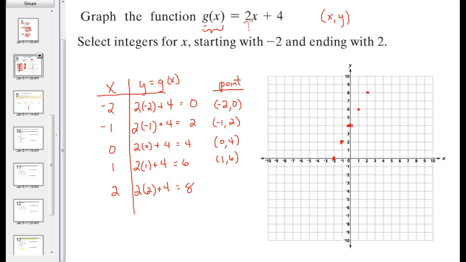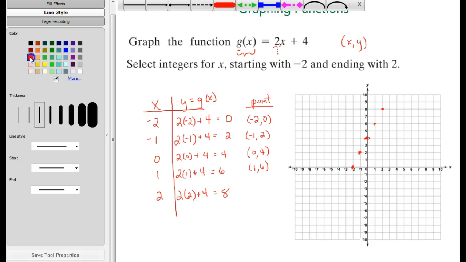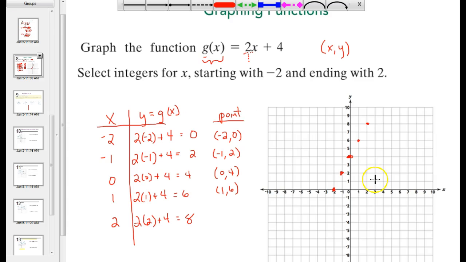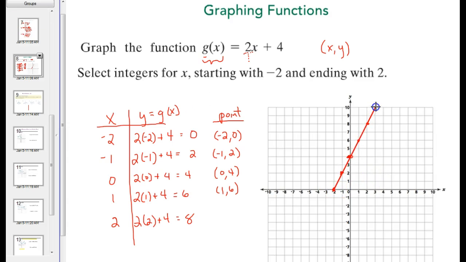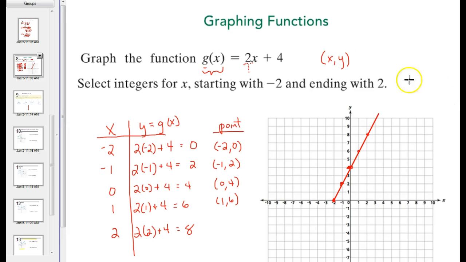So what we end up with here is a line, and that line is formed by connecting all these dots together. And this is what a graph is. It's just connecting a bunch of ordered pairs or points that you get.